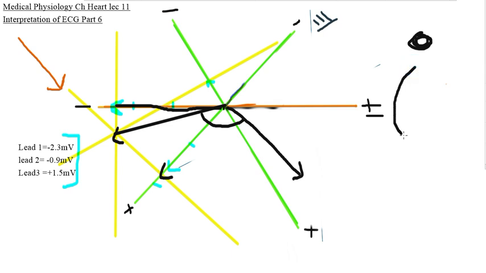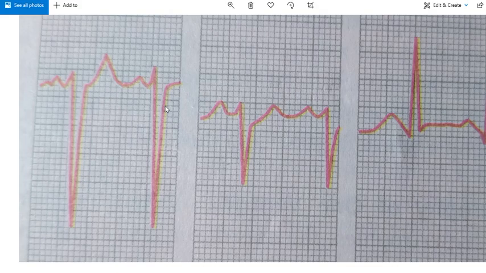In this condition, there is hypertrophy of the right ventricle while the left ventricle remains the same, and there is a deviation of the QRS vector to a large extent.